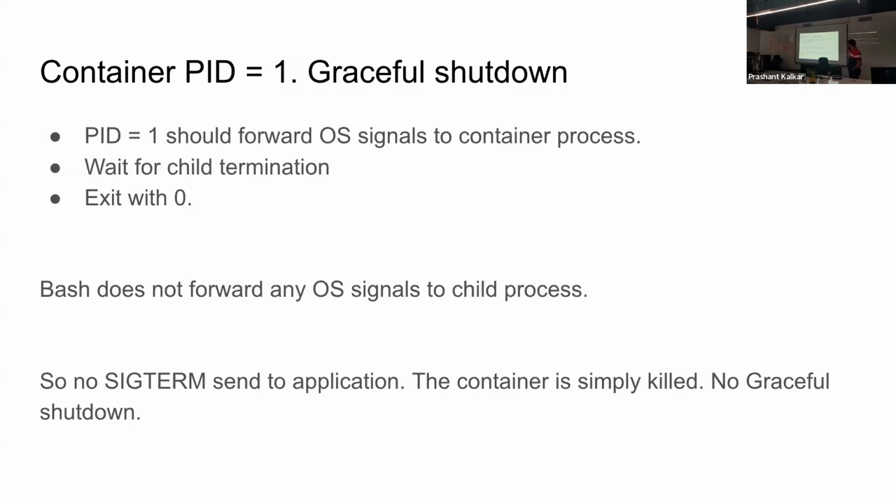Now what we want is the ability to do graceful shutdowns. That means when you are shutting down, K8s, as a container orchestration, will send you those signals, or rather it will send them to PID 1, the main container process.